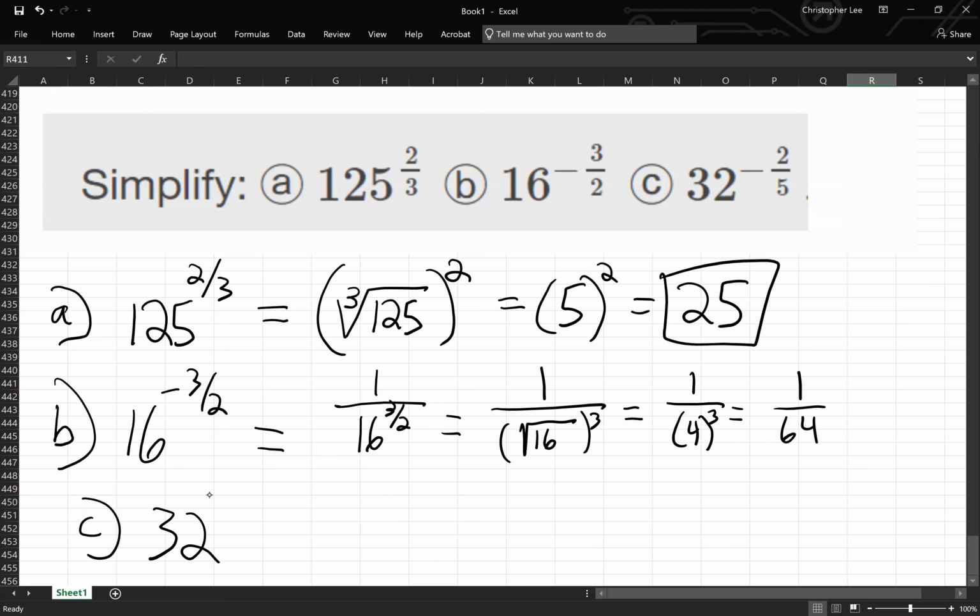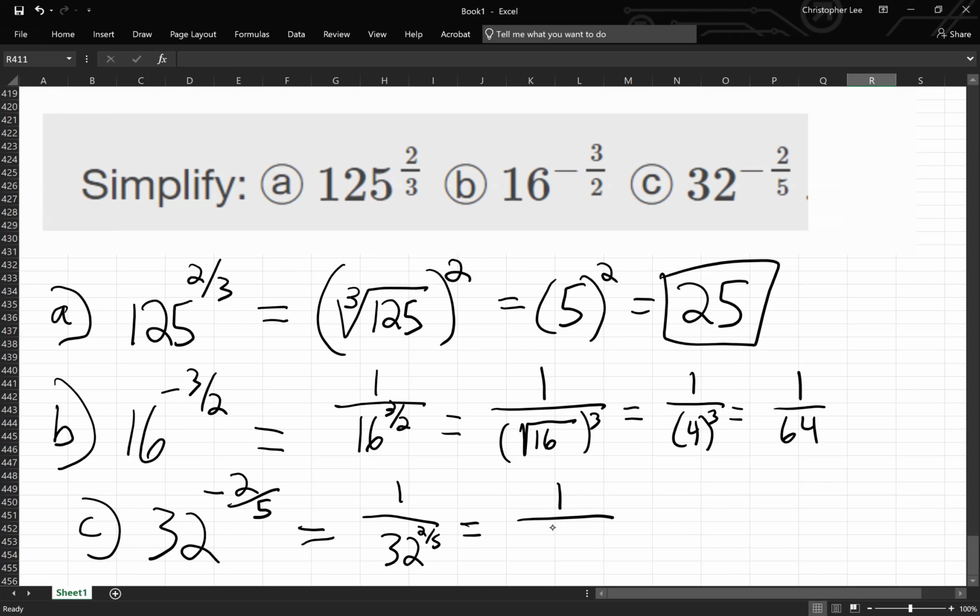Now C is a little bit harder, but not impossible. That's the negative 2/5 power. So what does this become? Tell me what to do. All right. So the 2/5 power, good. Which becomes what?